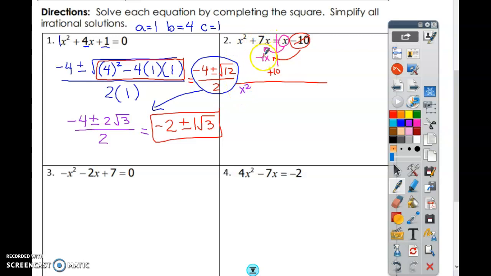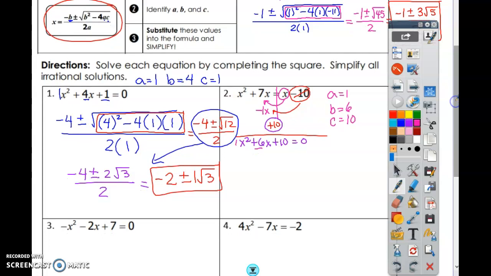What's 7 minus 1? Positive 6x. And then this 10 just goes right here. Plus 10 equals 0. So my A equals 1. My B equals 6. My C equals 10. We're going to plug it all into the formula.